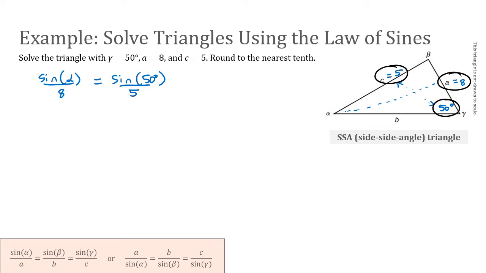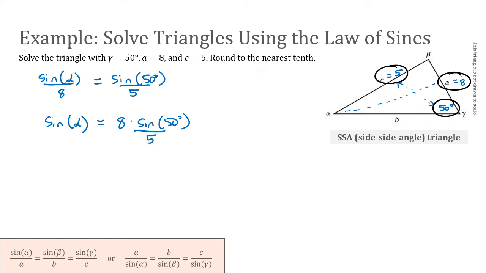I'm going to multiply both sides by 8. And when I multiply both sides by 8, let's just go ahead and write this out. I get that the sine of alpha is equal to 8 times the sine of 50 degrees all over 5.